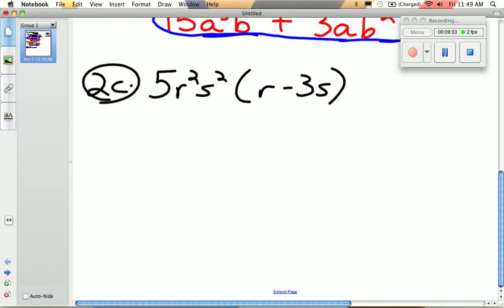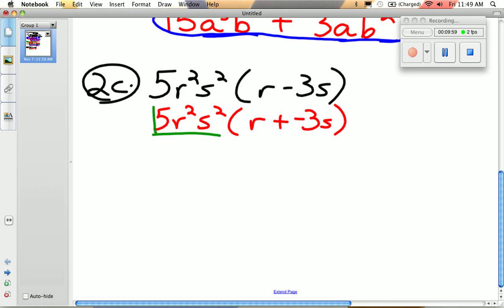There's subtraction here, isn't there? So what are we going to do? We're going to stay in the habit of changing subtraction to add the opposite. So it becomes 5r squared s squared times r plus negative 3s, right? Now we're ready to do our distributive property.